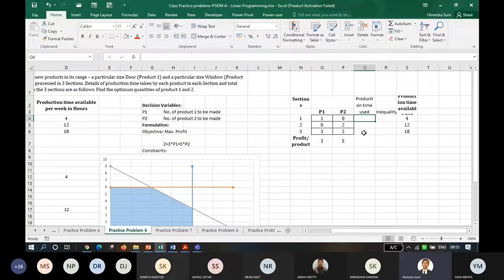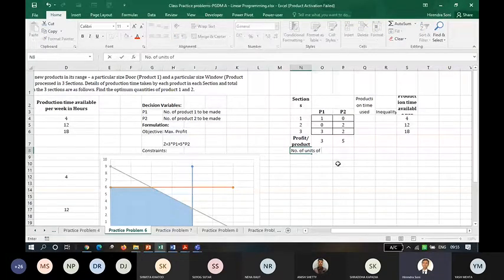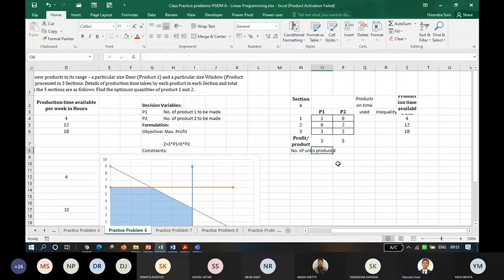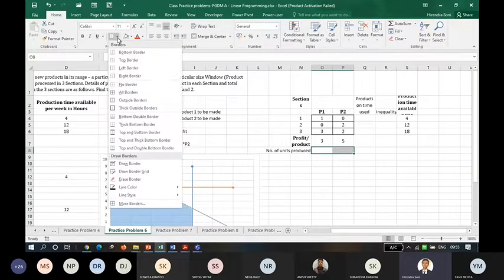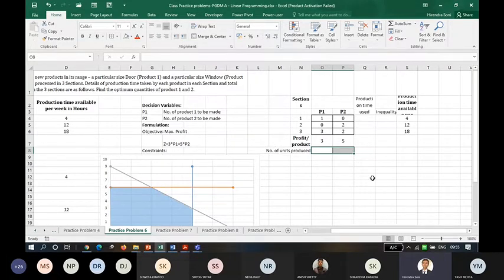So how will I identify my production time? Equal. अभी इसमें मुझे एक और चीज चाहिए, that is number of units produced. If I say number of units produced, this becomes my decision variable. Okay, so P1 and P2.